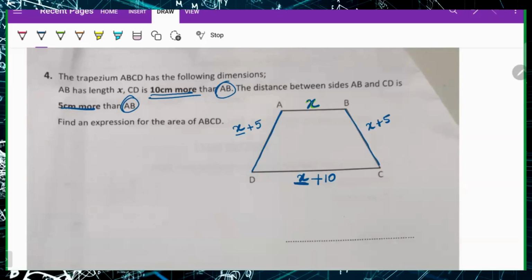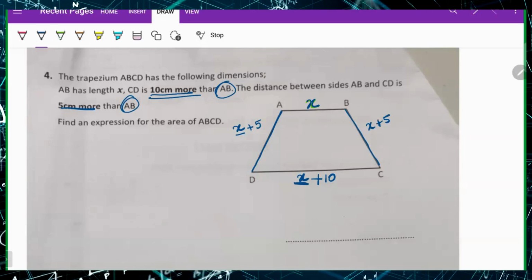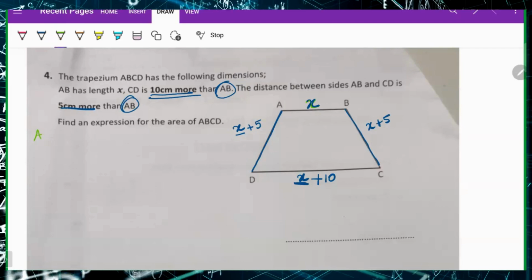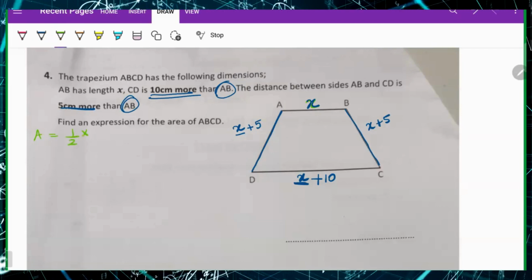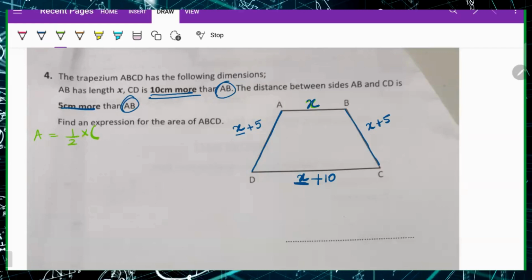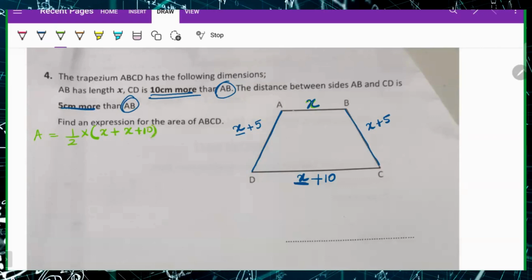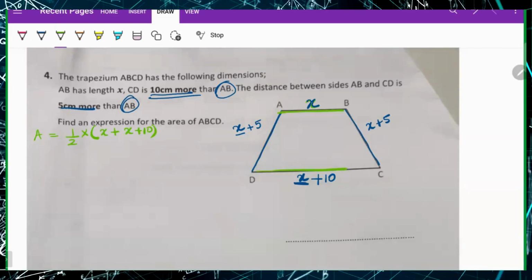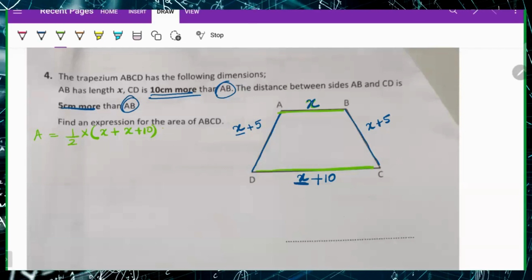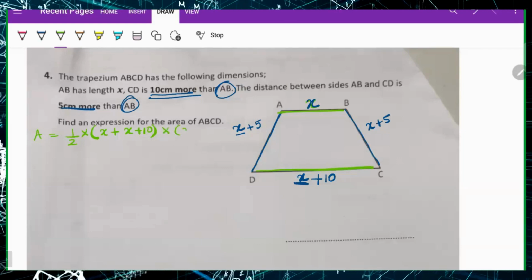Find an expression for the area of trapezium ABCD. So area of a trapezium is half into sum of parallel sides, which is x and x plus 10. This is the parallel side, right? Half into sum of parallel sides into your height. Height is what? x plus 5.